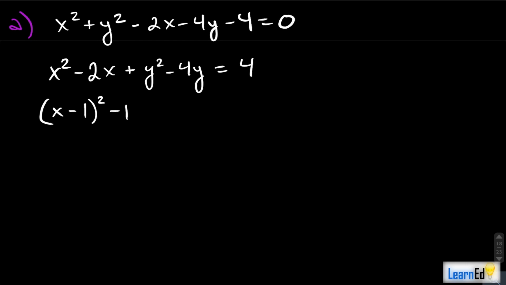Okay, let's see if you pick up on that a little quicker with this next one. We have a b over 2, so we'll have a negative 4 over 2 is negative 2. And then you will have a 4 out front, so you need to subtract that, and you have a negative 4. Okay, so now you can get rid of these extra terms here. We can add 1 to both sides and add 4 to both sides.